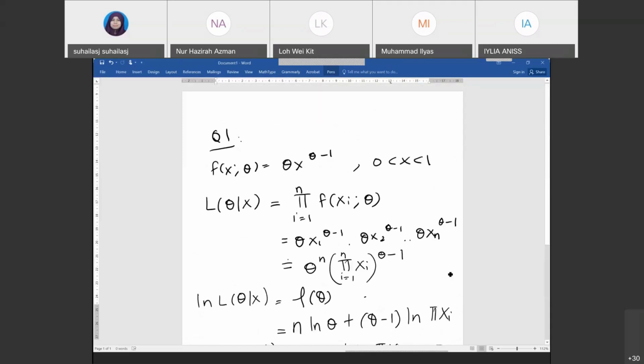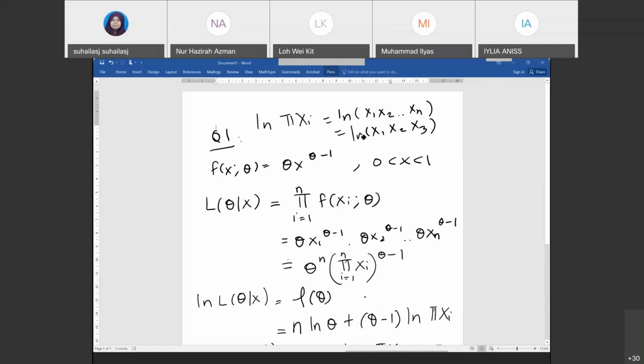Seperti kat atas nampak. Okay, kalau ln product xi, product xi ni maksudnya ln kamu ni x1 darab x2 darab xn. Ataupun kita ambil lah, katakan kita ambil 3, ln x1, x2, x3. Kamu apply balik kamu punya petua logaritma.